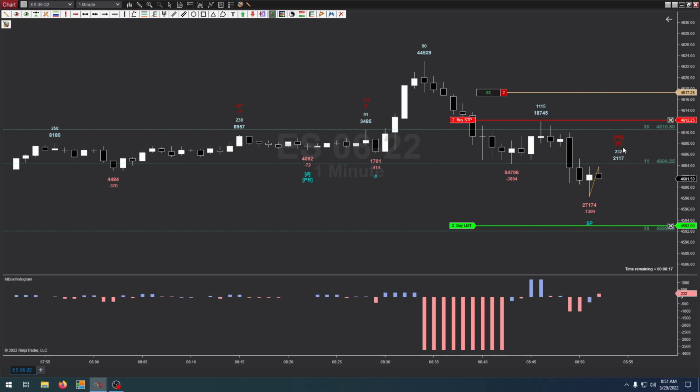Trend pullback short, trend stooges short. Do have a positive volume delta. Need to go after this low.